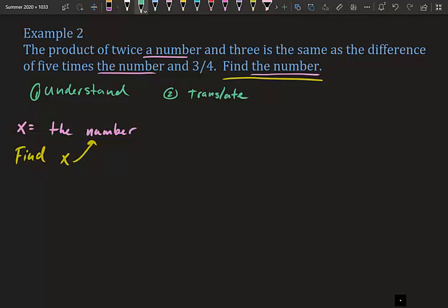Alright, so to translate, we're going to read it again and break it down once more. So the product, we know that's multiplication. Twice a number.